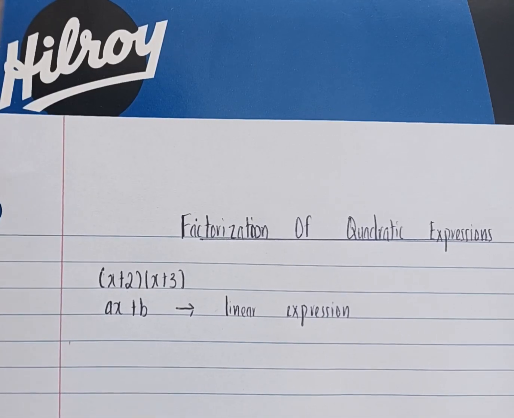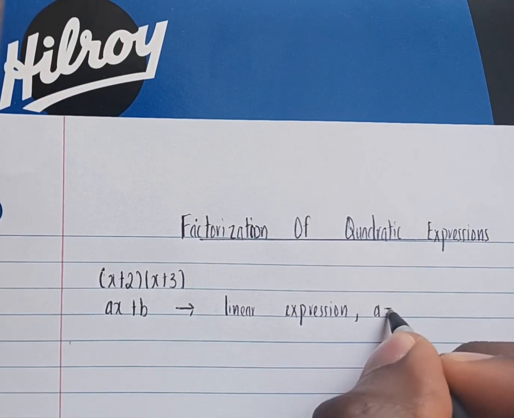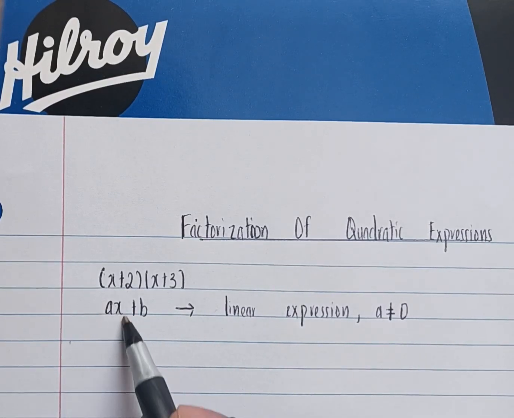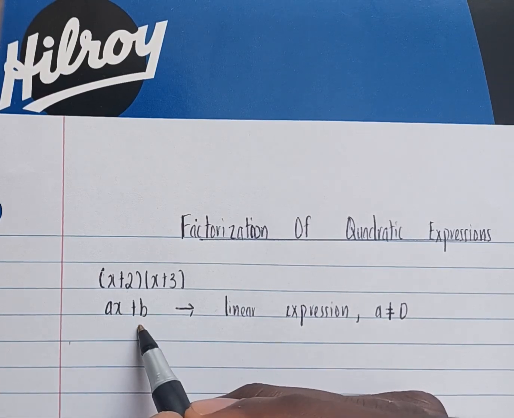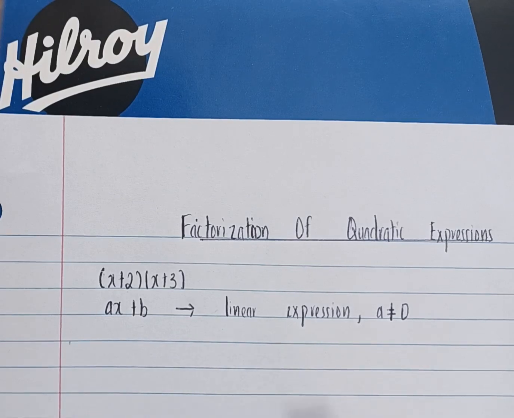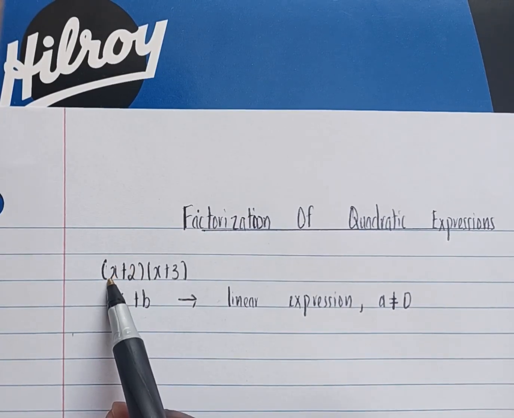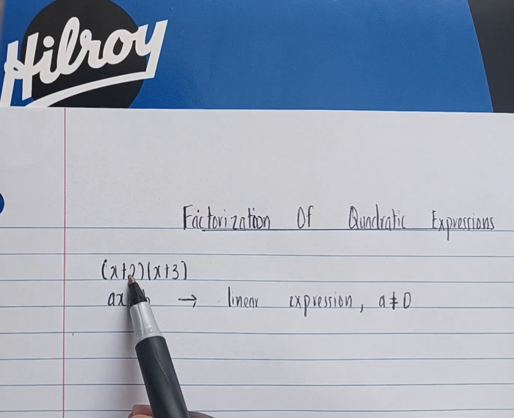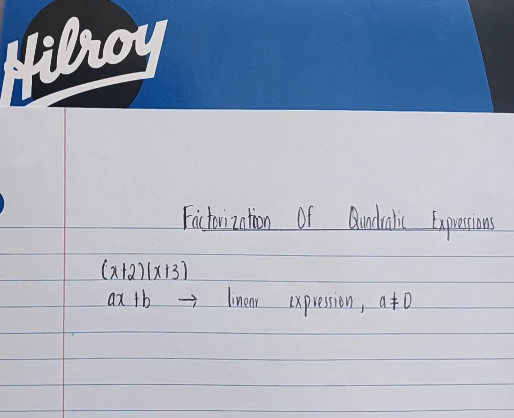Notice that for this to be called a linear expression, the condition is that a should be different from 0, because if a is 0, this term will be 0 and we will be left with a constant b, and this will no more be called a linear expression. Here a is 1, that is the coefficient of x is 1, and b is 2. Here is a linear expression where a is 1 and b is 3.